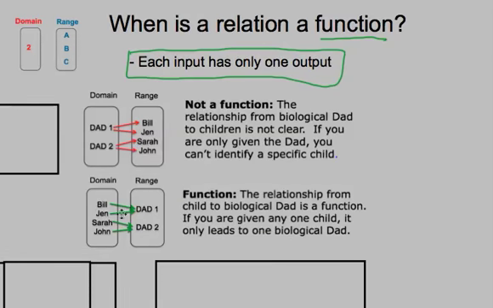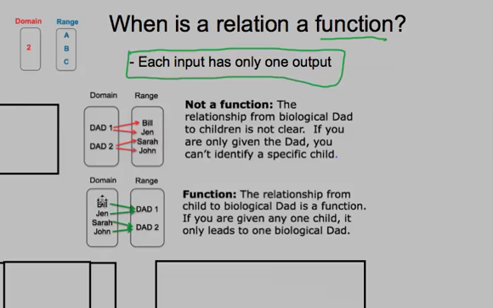So this is a function because each of my inputs, or my domain, has only one output. If I tell you Jen, you know exactly which dad I'm talking about. Jen only leads to one dad. If I'm talking about Sarah, it only leads to one dad. Now, realize that I can't have one input leading to two outputs and have a function.